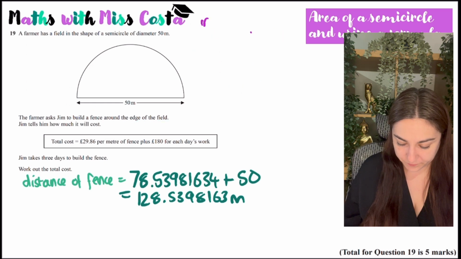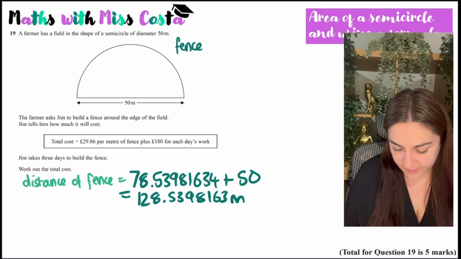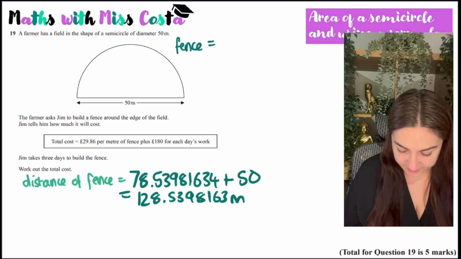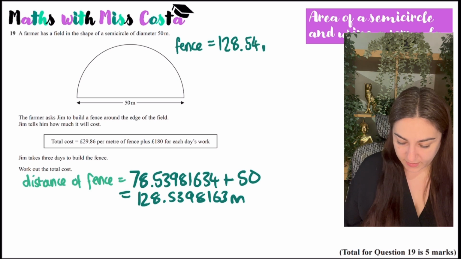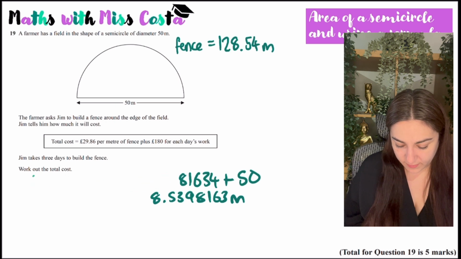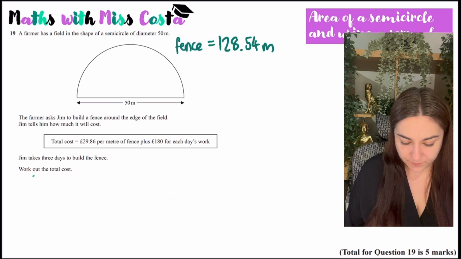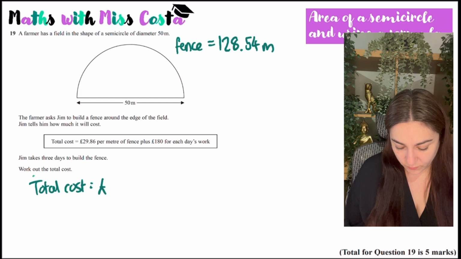So now that I know the total distance of the fence, I can think about applying it into the formula. So the fence is 128 point, let's round it to 54 meters. And I know using the formula, the total cost is going to be £29.86 per meter.